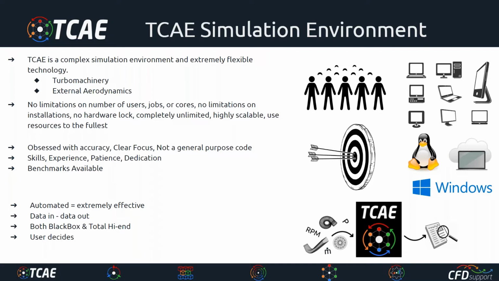You can use TCAE as a black box, so you can put the data in, you can pull the data off. That's absolutely okay. Or you can use it as fully sophisticated high-end software where you set all of the hundreds of parameters. It's up to you. So the beauty of TCAE is it's the user who decides how to use it.